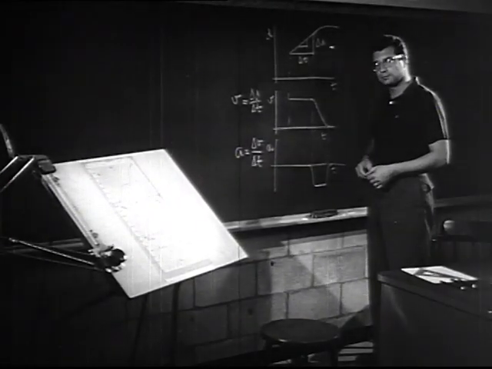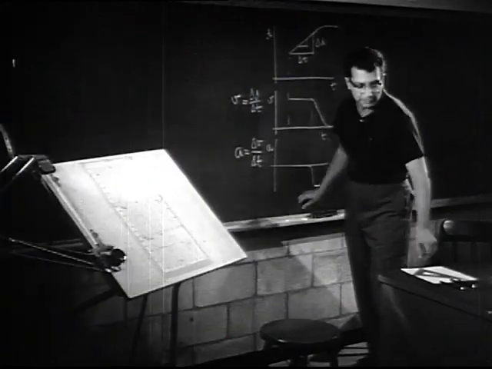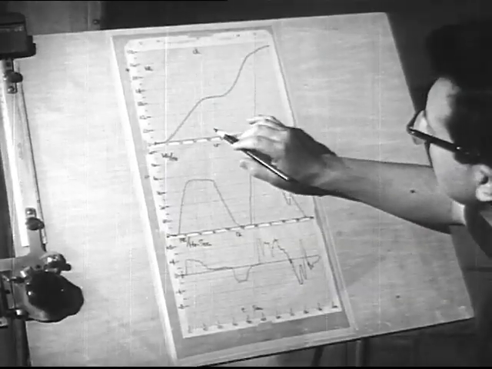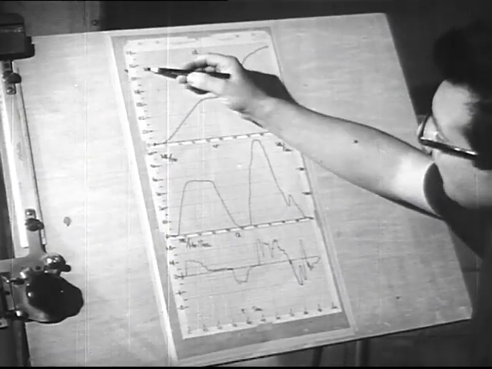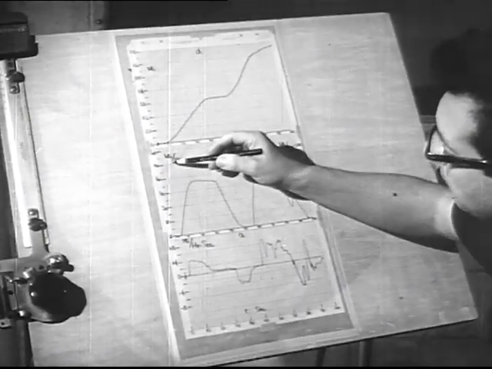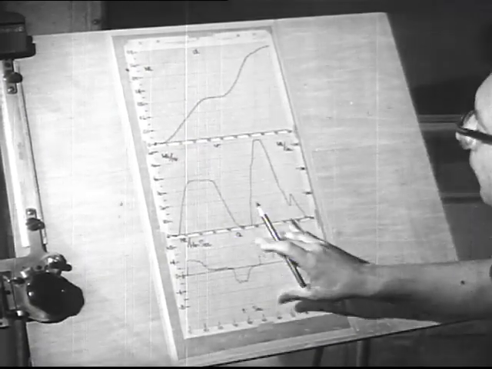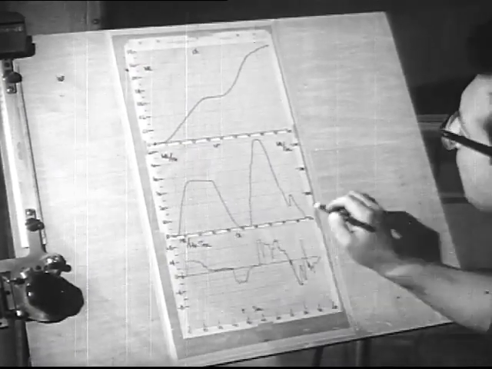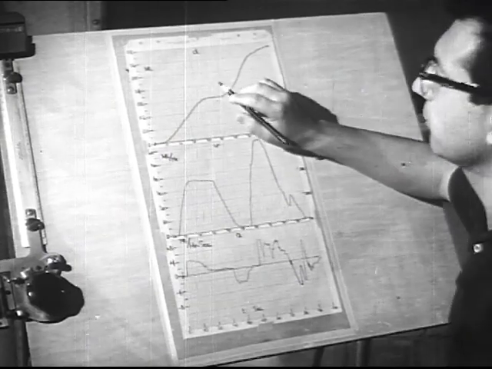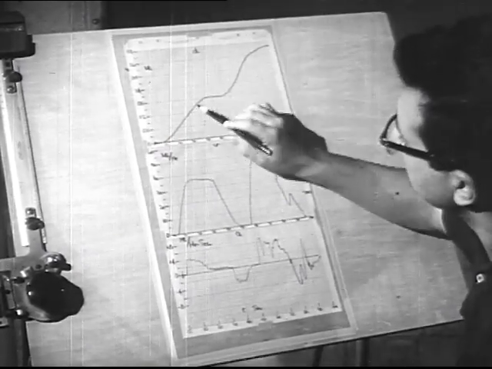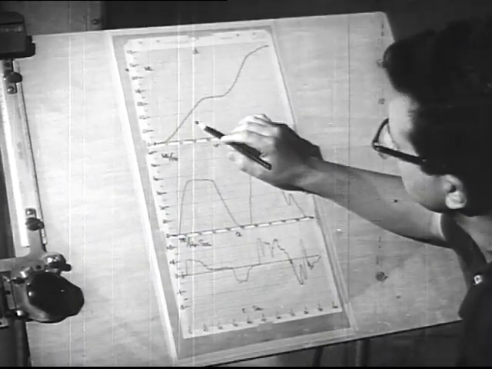Well, does this really work? Let's try it out on the records that we made in the car. Here they are. All I've done to them is to add scales, miles, miles per hour per second, and I've laid them one above the other so that the time scales, which I've added here, will correspond with each other. And now let's look at the slopes of the d curve in a general way.